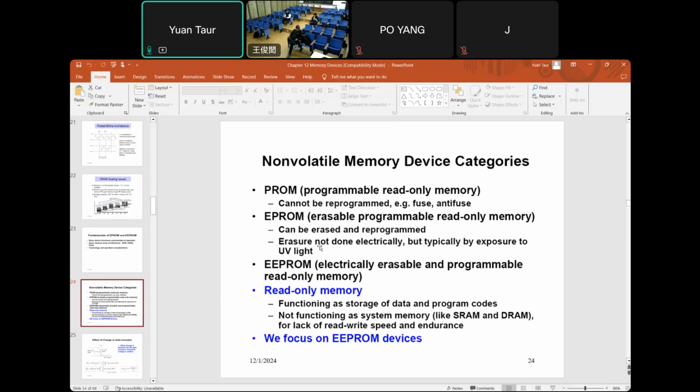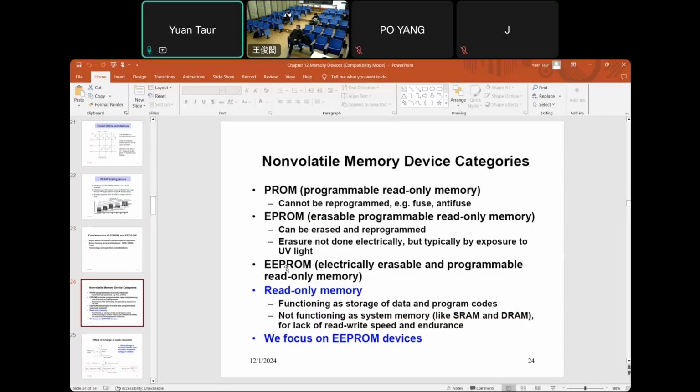EPROM can be erased by exposure to UV light, for example. We'll talk about that later. But it's not as flexible as the E2PROM because then you have to take it out of the package, and that's not practical. So you have to erase it in the package using the E2PROM. So we focus on it.